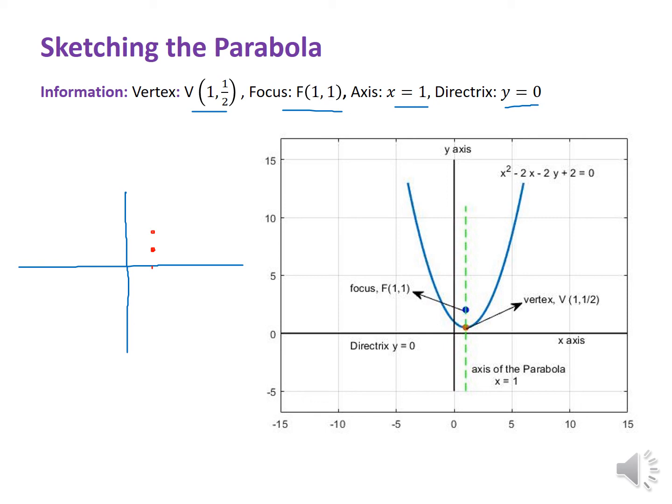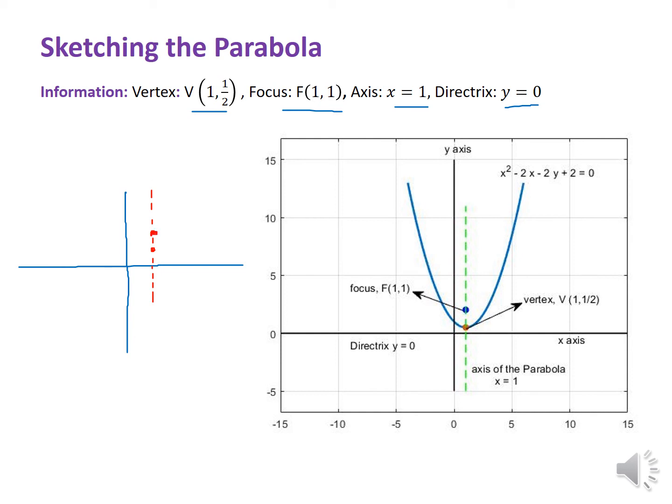Say this is the position for the focus (1, 1). Now look, the focus is directed upward from the vertex, so the arms of the parabola will be directed upward, that means the parabola opens upward. And look here, vertex and focus are on the same line, so this line, x equal to 1, will be the axis of this parabola.